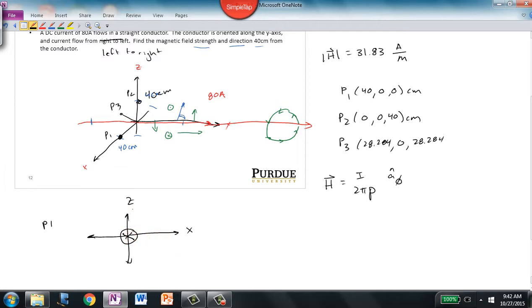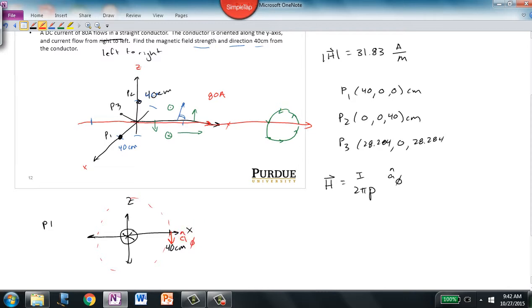So for point 1, what we're interested in is measuring the amplitude at 40 centimeters on the pure x-axis right here. And so there's going to be a magnetic field that's established like so. And if we were to use the right-hand rule here, pointing our thumb into the page and curling our fingers, we would see that the magnetic field component points down right there, and that is A hat phi.